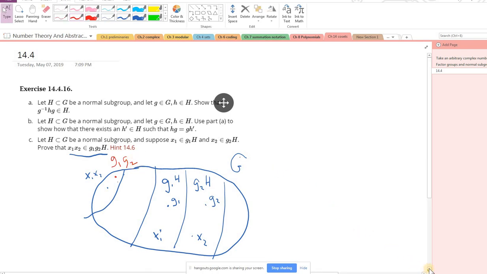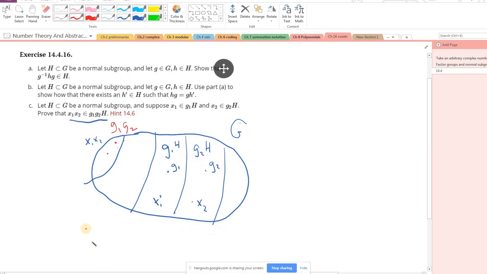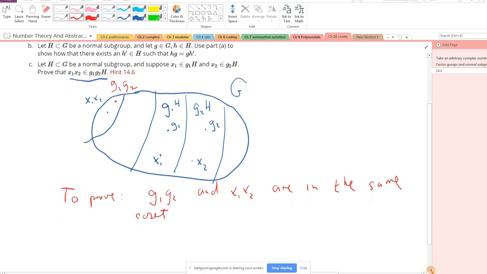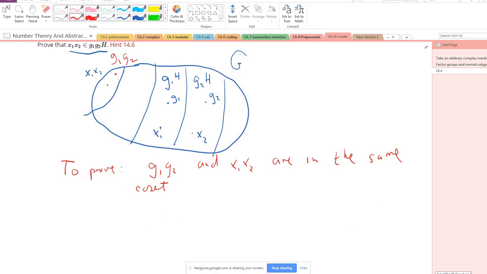Now, I don't know what the hint says, but let's just go off that intuition. So we want to prove this, right? Now, there's a bunch of ways to do that because I think we had several theorems that were equivalent.